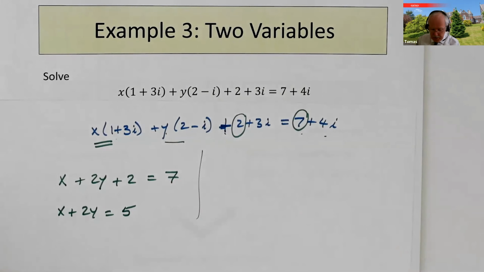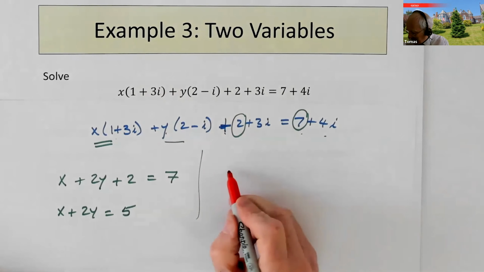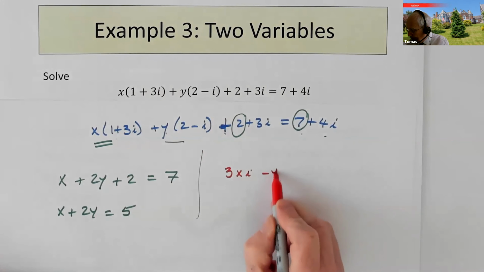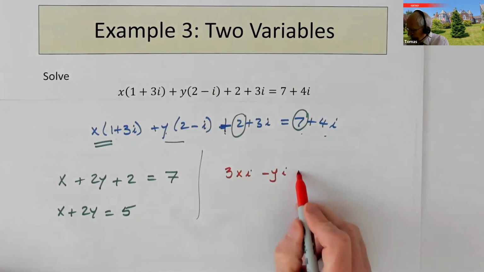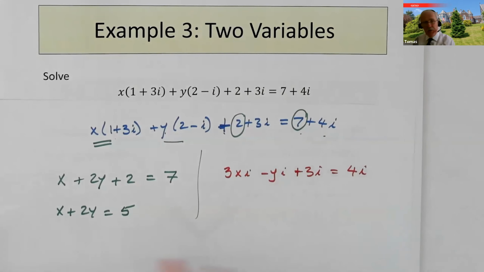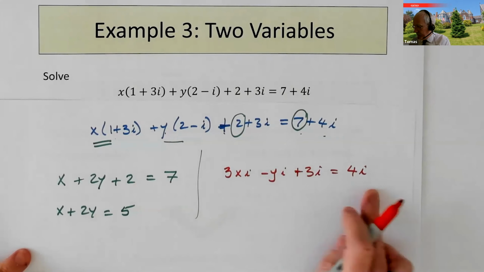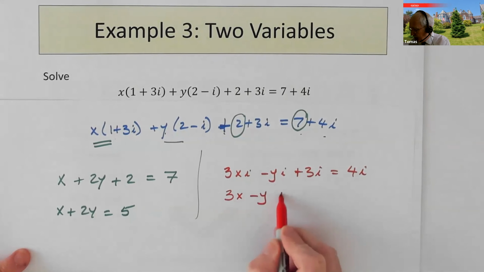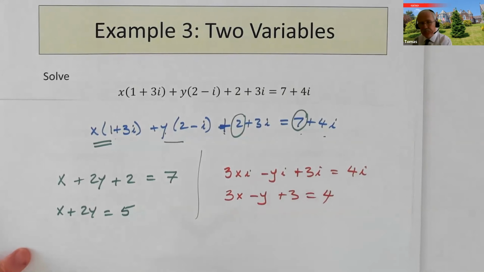Using the i part, we could say, well, 3xi minus yi plus 3i is 4i. And we could delete all the i's now because we can divide by i. 3x minus y plus 3 is 4.